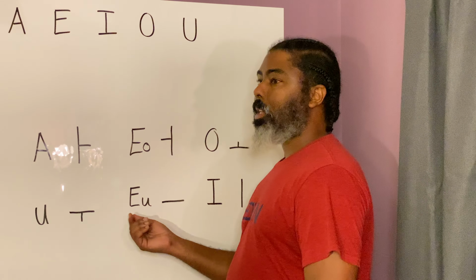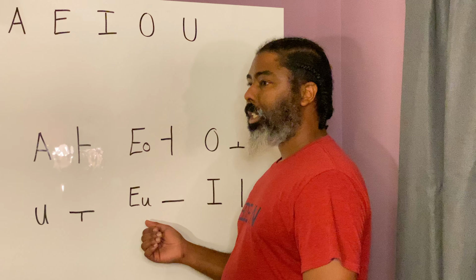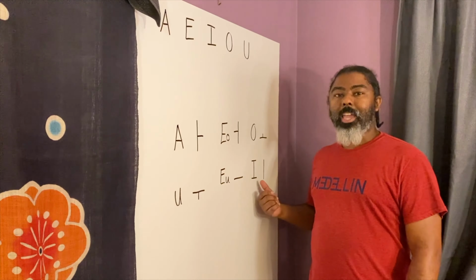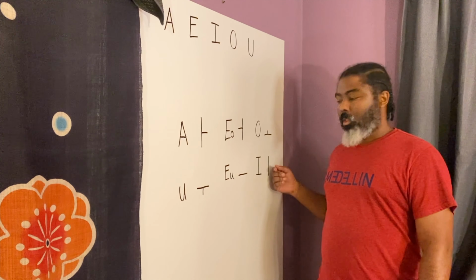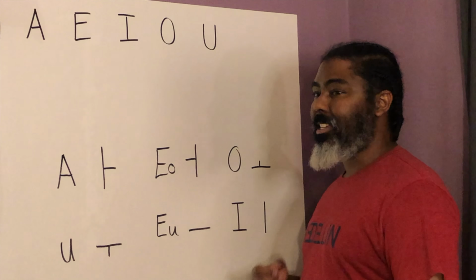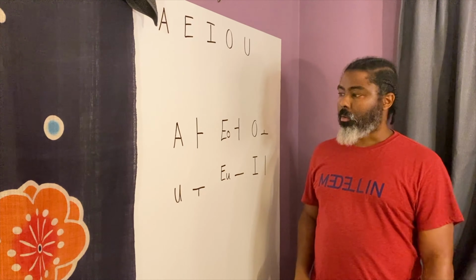This is a unique sound. This is a sound that we're not familiar with in English, eu, okay? And then the I, which is confusing because this I in Korean is pronounced as E, as if we're calling out the letter E, okay?